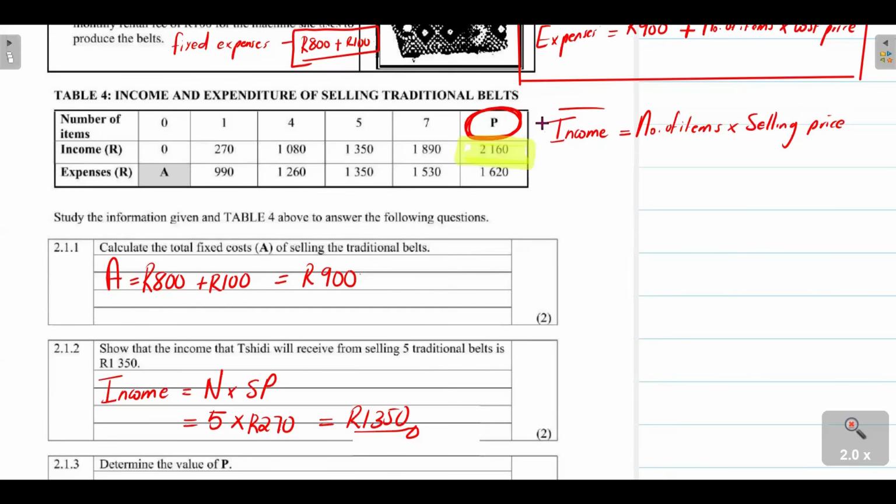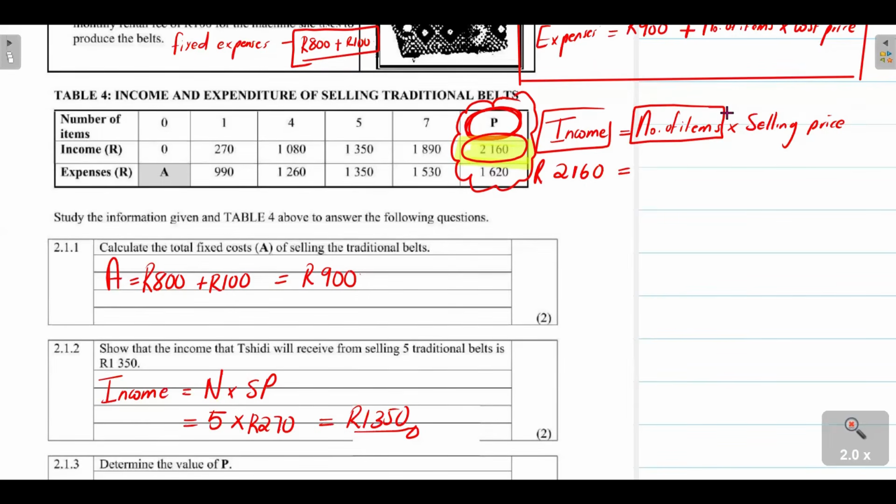Now, what is the income currently? Because I'm focusing on this column here. On this column, the income is 2,160. So 2,160 equals the number of items. Do I know the number of items?